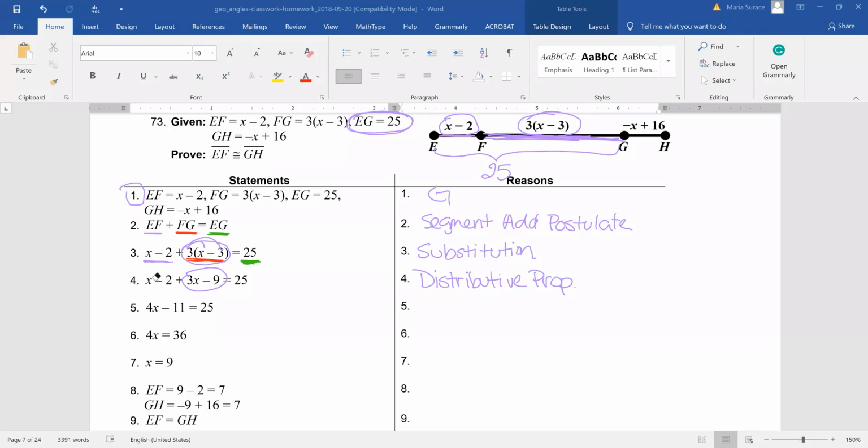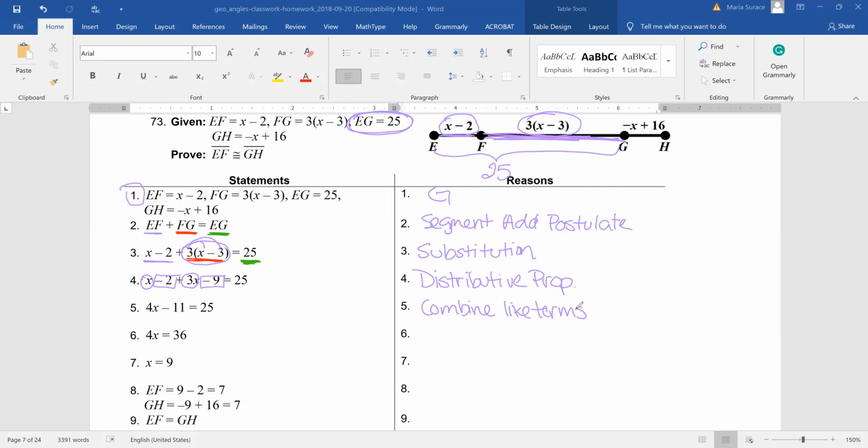Now we move on to the next steps. We have to combine our like terms. x plus 3x is 4x, and negative 2 minus 9 is negative 11. So combining like terms. That's why you're able to do that, because they are like terms.